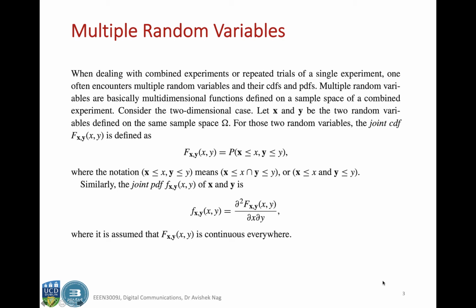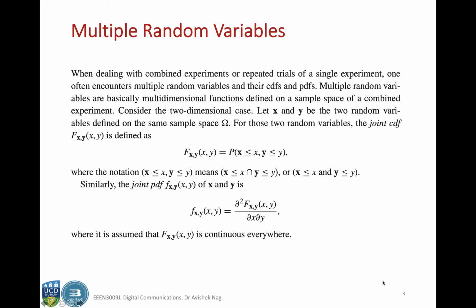So in your previous lectures we covered the theory of probability and the concept of random variables and random processes, and we talked about the CDF and PDFs of a single random variable.